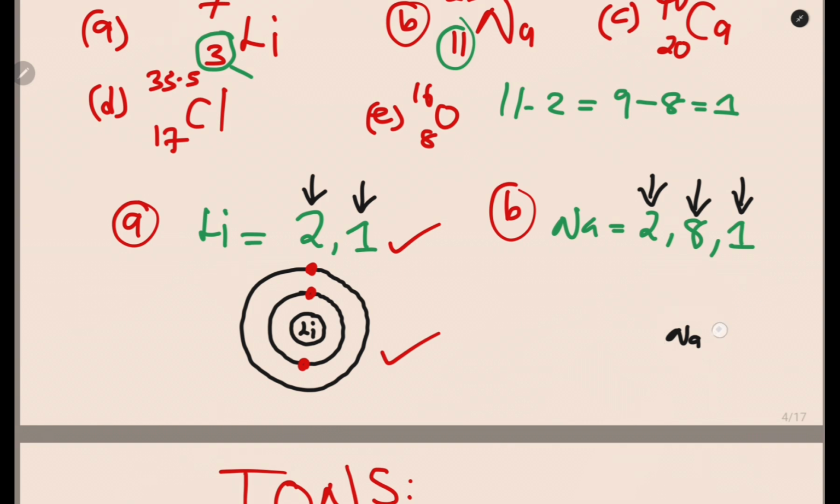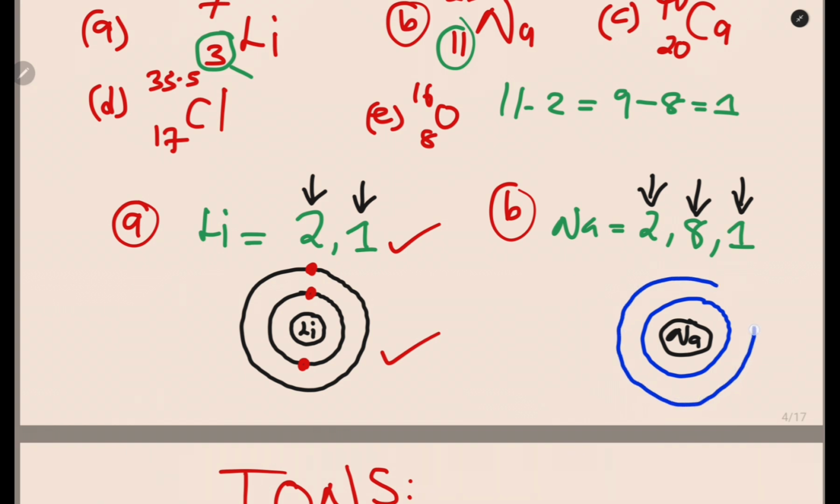Then around it, I'm going to put 3 circles: the first circle, the second circle, and the third. Make sure that your circles are spaced so that they do not become close. For the sake of neatness, make sure that you draw nice circles.